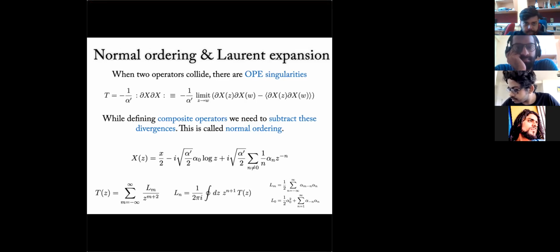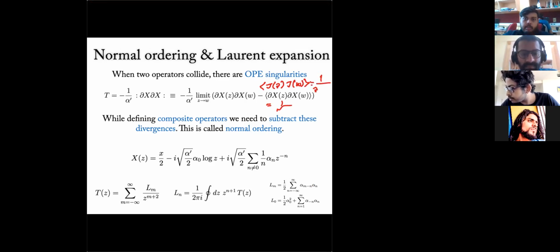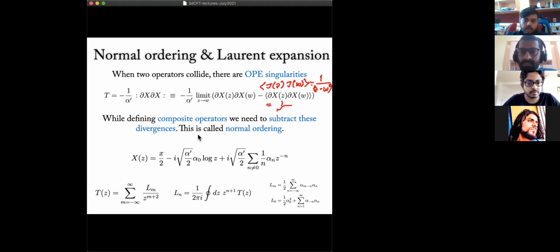This was the 2-point function of J(Z) J(W), and we saw that this is equal to 1 over (Z minus W) squared. The idea is to subtract out the OPE divergences while defining composite operators.